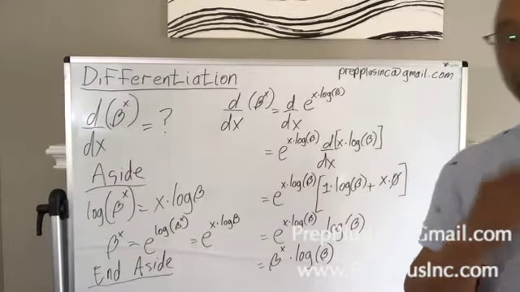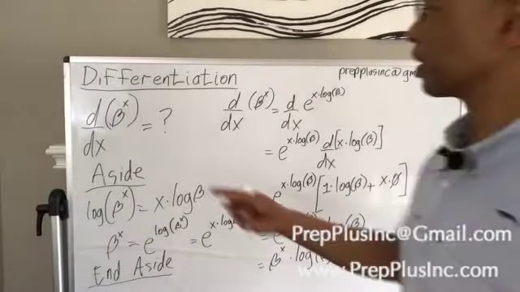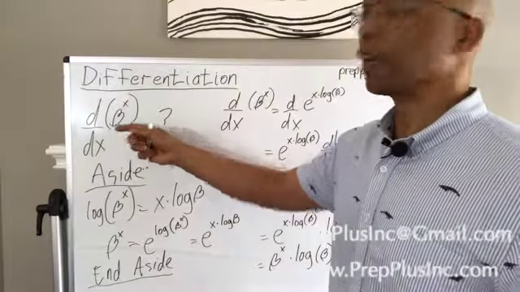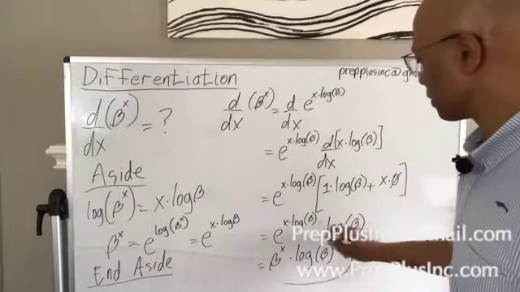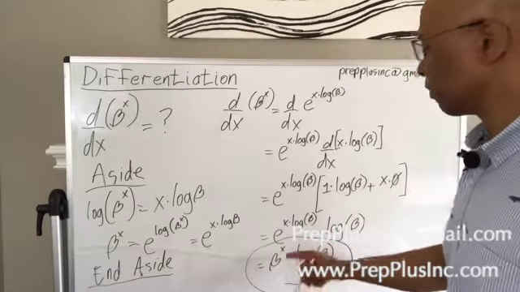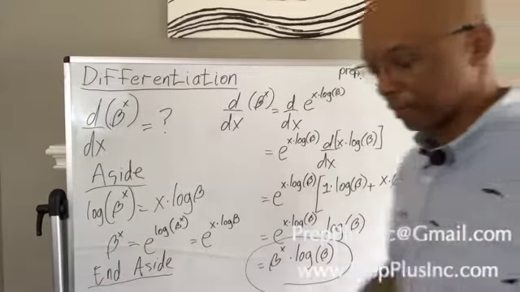And that's our answer. So the problem that we were given was to calculate the derivative with respect to x of beta raised to the x power, and the answer is beta raised to the x power times logarithm of beta.